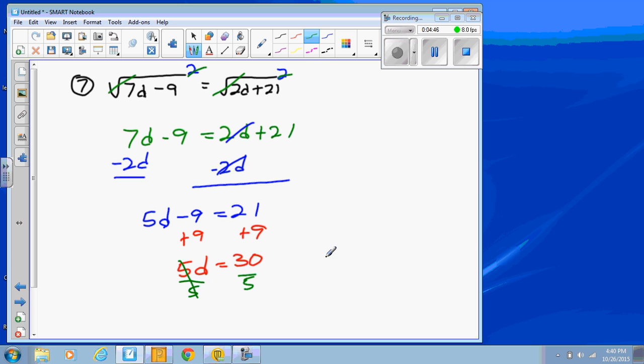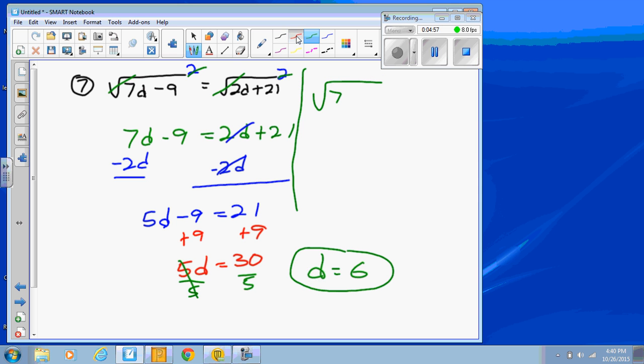These are going to cancel. D equals 6. Again, I should always check my work. So I'm going to look at this as being the square root of 7 times 6 minus 9 equals the square root of 2 times 6 plus 21.